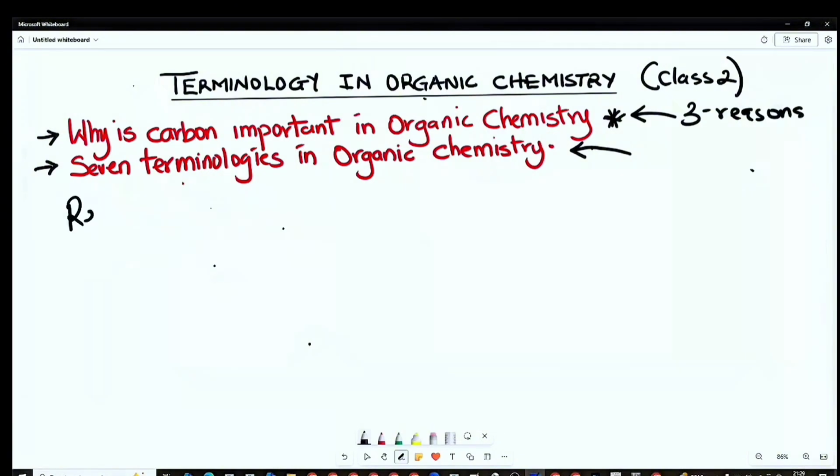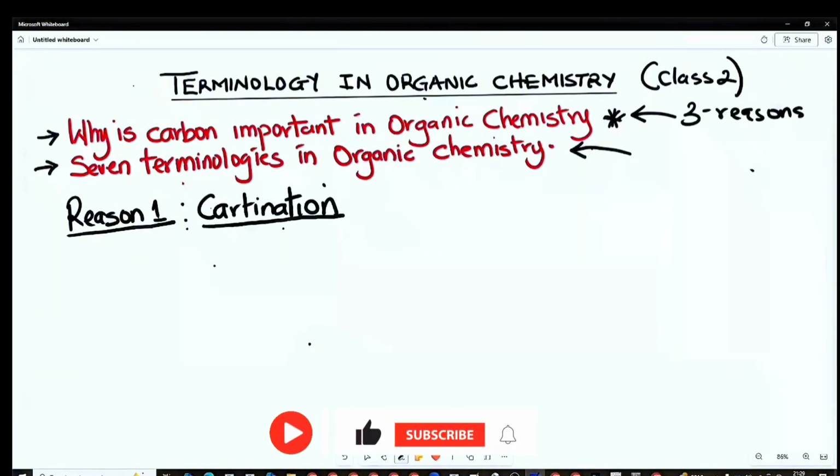Reason number one is that carbon has the ability to catenate, so we call it catenation. Catenation is one of the most important reasons as to why carbon is used in organic chemistry. So what is catenation?